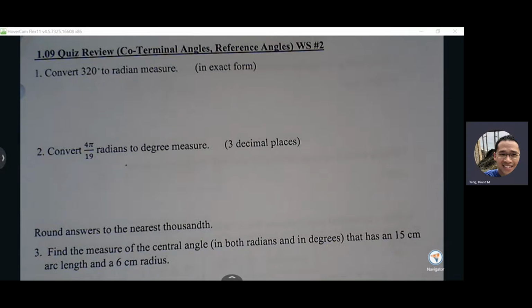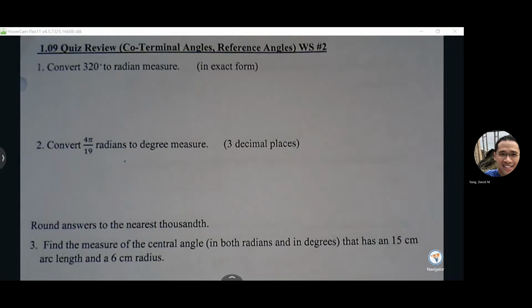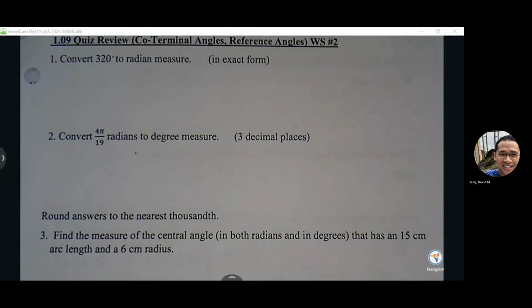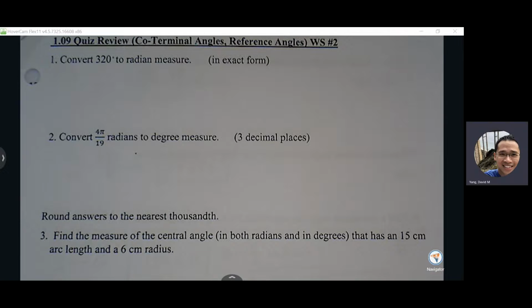From radians to degrees, we multiply by 180 over pi. Check your answer on the second page. The key is attached to your worksheet.